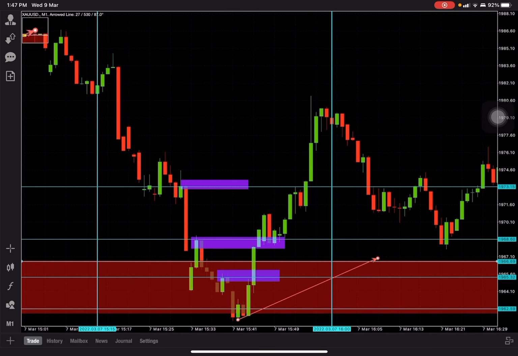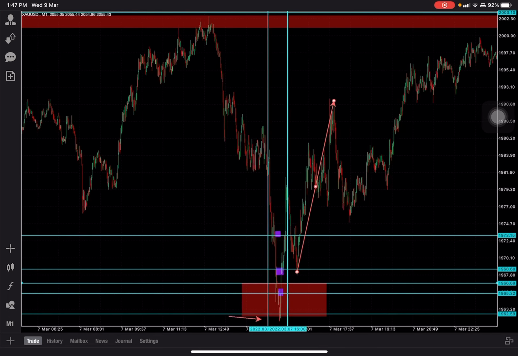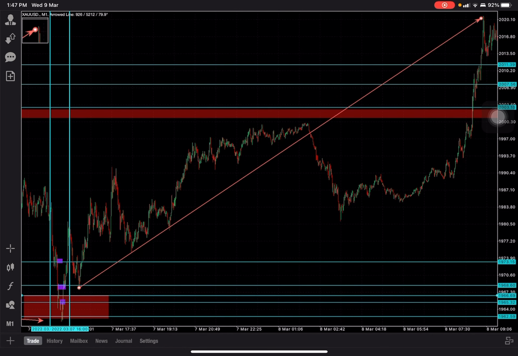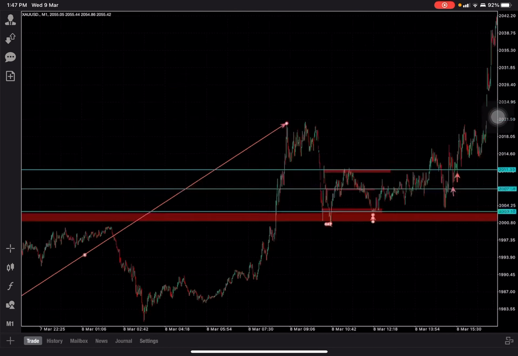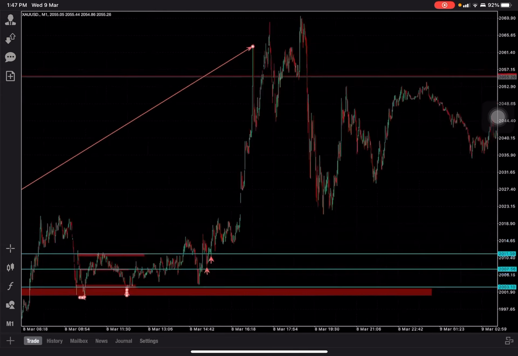And as you can see, it reaches 1968 and boom, I told ya, it went up 227 pips and even higher until here, 520 pips, and even higher until here, 900 pips.